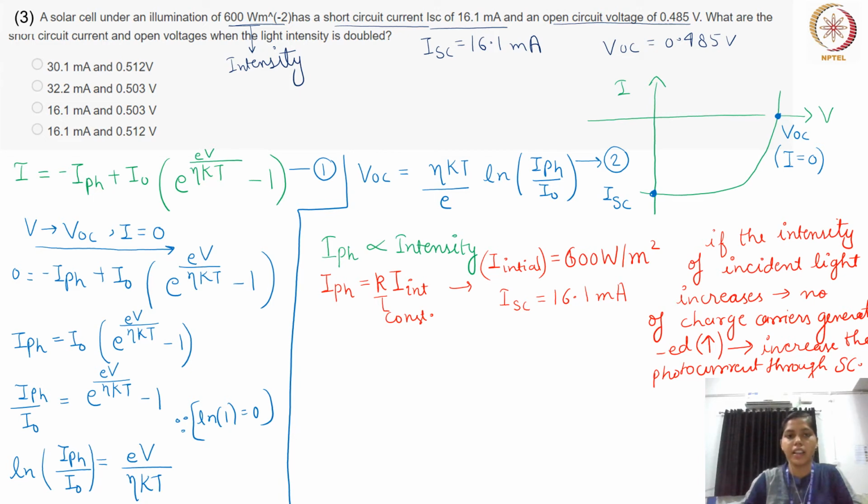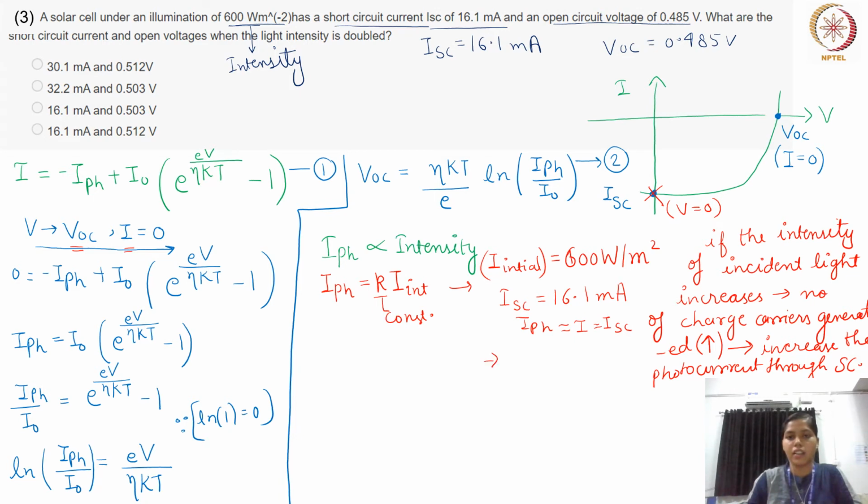Now if you see here, for the condition of VOC the value of I is 0, but when we talk about this point that is giving my short circuit current, here the value of V is 0. So when we put this value of V equal to 0 in our equation number 1, we get IPH actually equal to I, that is my short circuit current.